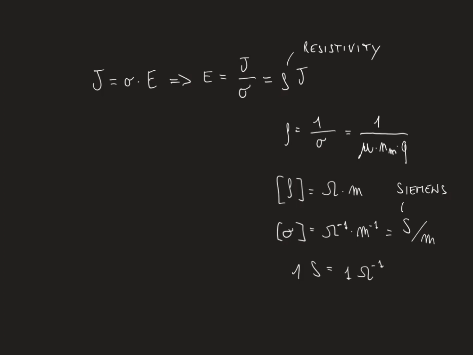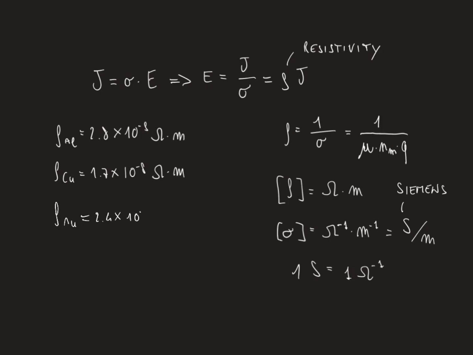Some examples of resistivity in different materials: for example, the resistivity of aluminum is equal to 2.8 times 10 to the minus 8 ohm per meter. The resistivity in copper is equal to 1.7 times 10 to the minus 8 ohm per meter. The resistivity in gold is equal to 2.4 times 10 to the minus 8 ohm per meter.